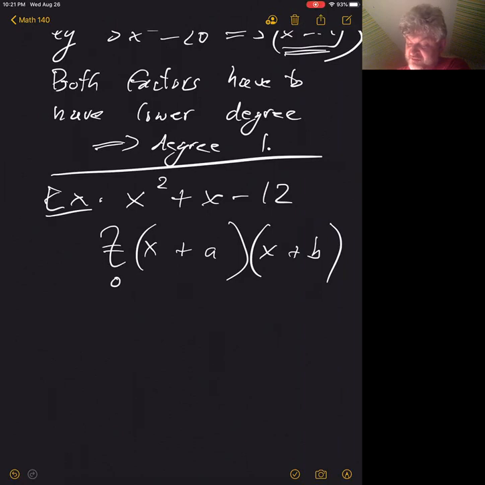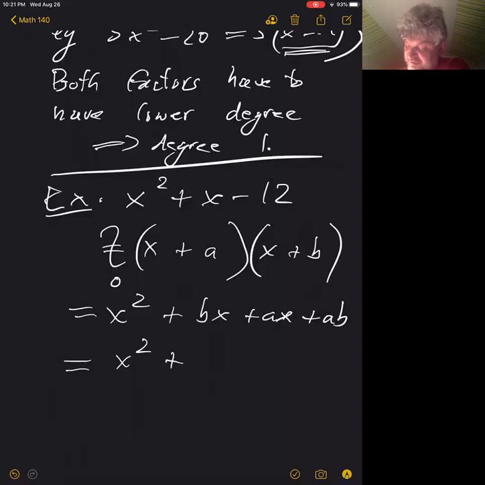We multiply this, FOIL, okay, and we get x squared plus ax plus bx plus ab. And bring it into standard form. That's x squared plus (a plus b) times x plus ab.